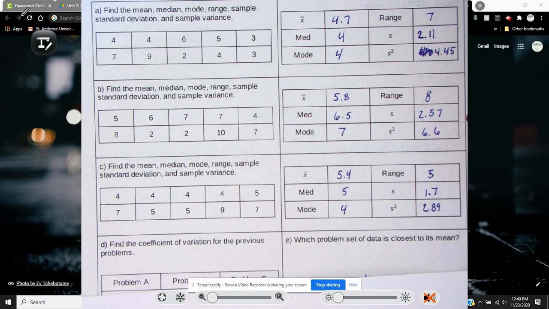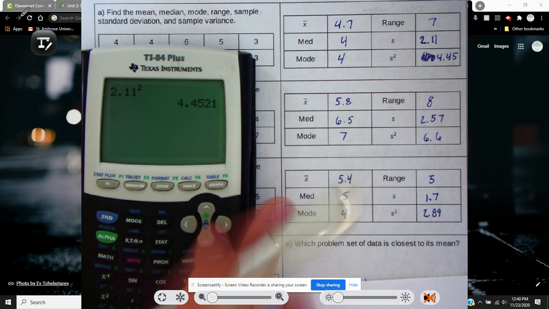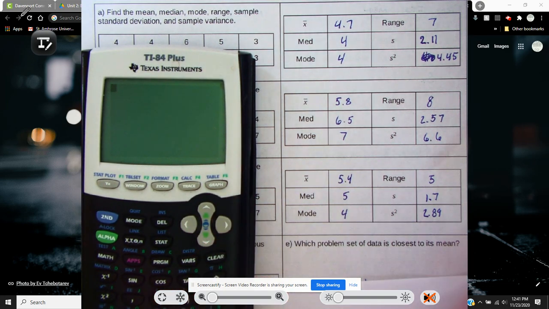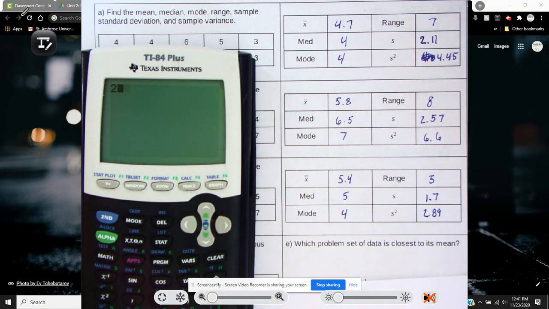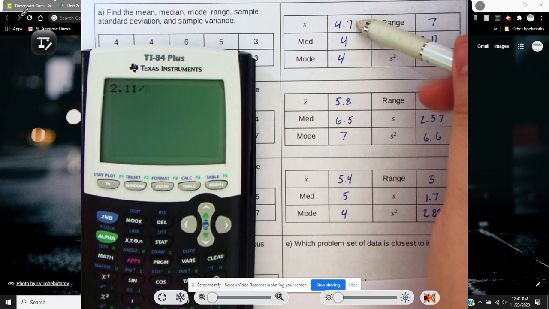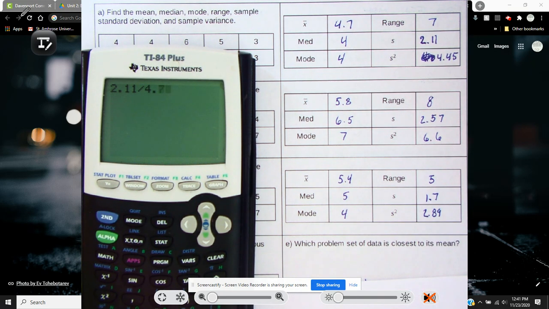So for problem A, it is our standard deviation, 2.11, divided by our mean, 4.7, and we get 0.449.